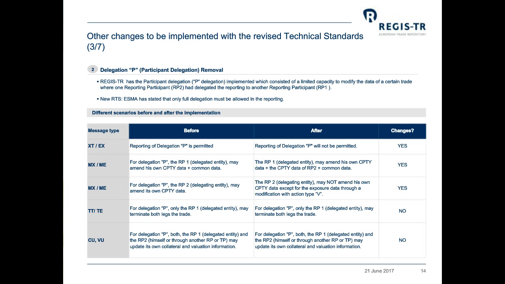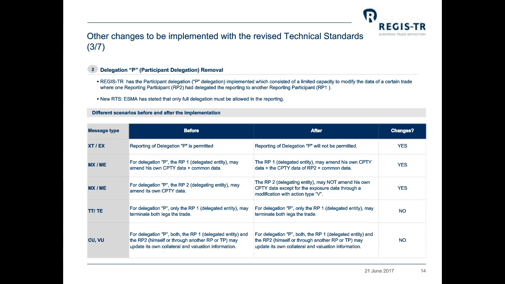Well, continuing with the section of changes to be implemented with the revised technical standards, we have point number 3 that refers to the obligation to report both counterparties in all messages, regardless of the delegation scenario. According to ESMA, all messages must include the identifications of party ID1 and party ID2.